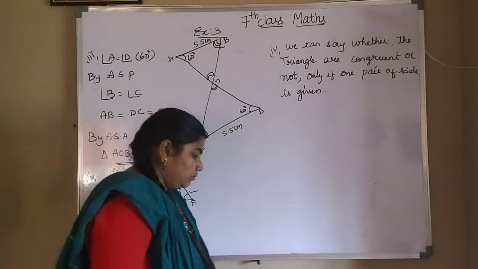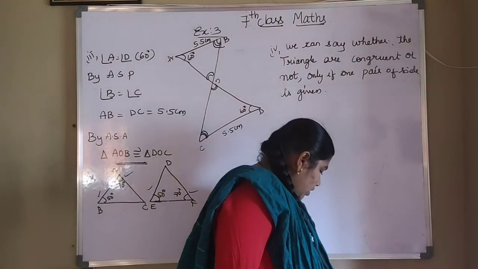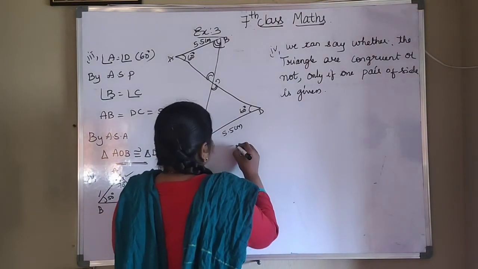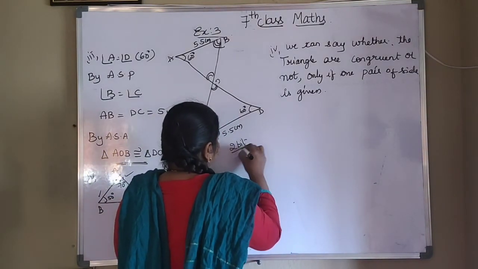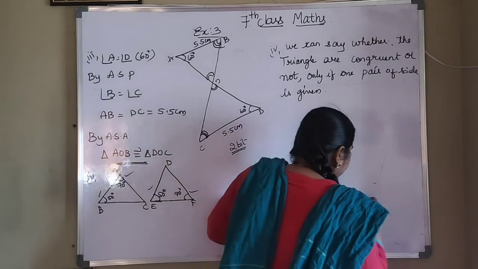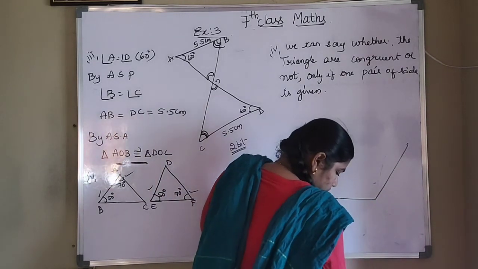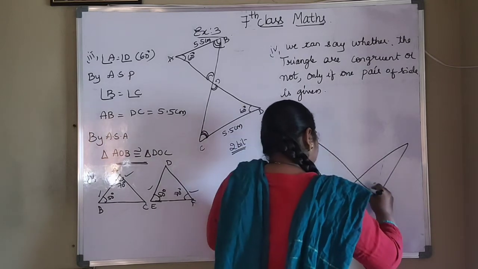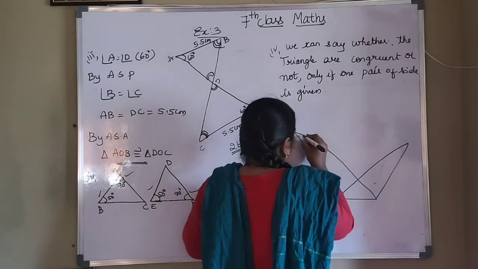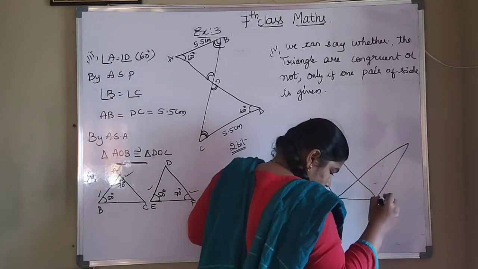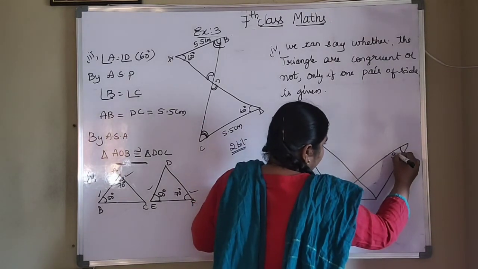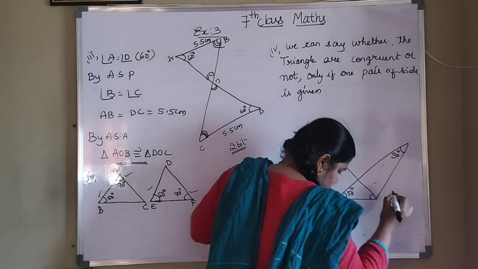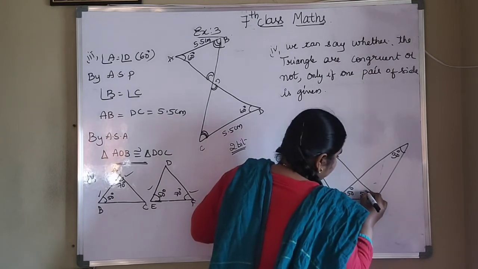So next one, in the adjacent figure, this is the second bit. They have given this figure, with 30°, 50°, 50°.